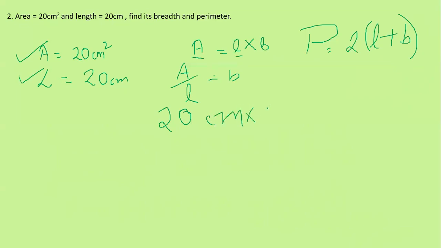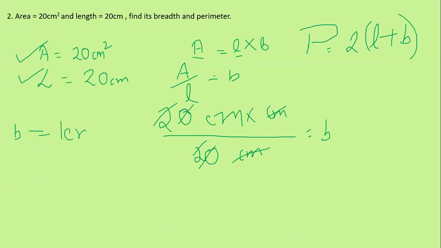So centimeter into centimeter. Okay, and what about length? Length is equal to 20 सेंटीमीटर। ओके, तो इसको काट दो, ठीक है, इसको भी काट दो। So we are left with 1. सो ब्रेथ का वैल्यू कितना आ रहा है? Breadth is actually equal to 1 centimeter.